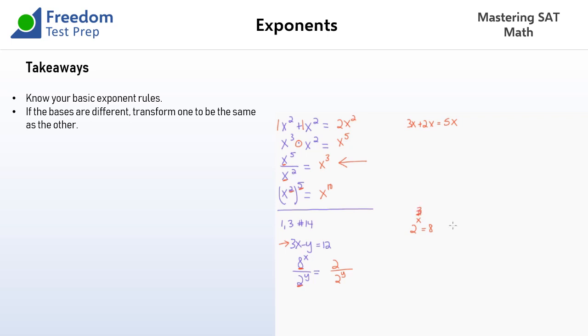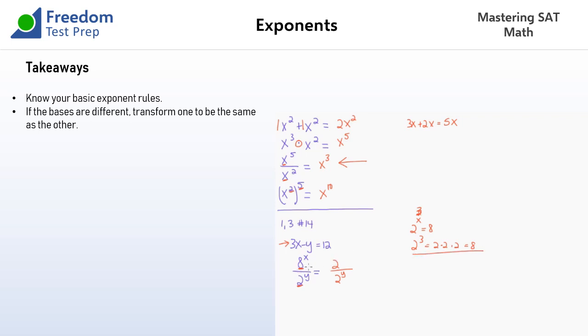And actually, let me just say, 2 to the third is the same thing as 2 times 2 times 2, which is 8. Sometimes I don't always know how basic I should go, so I figured I'd just cover that.